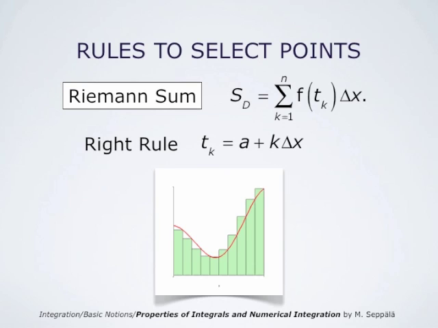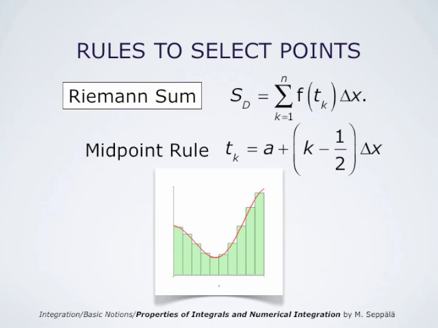We may also use the right rule, in which case tk is a plus k times delta x, and this picture illustrates a right rule approximation of this integral. Or we may use the midpoint rule, in which tk equals a plus (k minus 1/2) times delta x. This picture here illustrates the midpoint rule approximation of the integral.